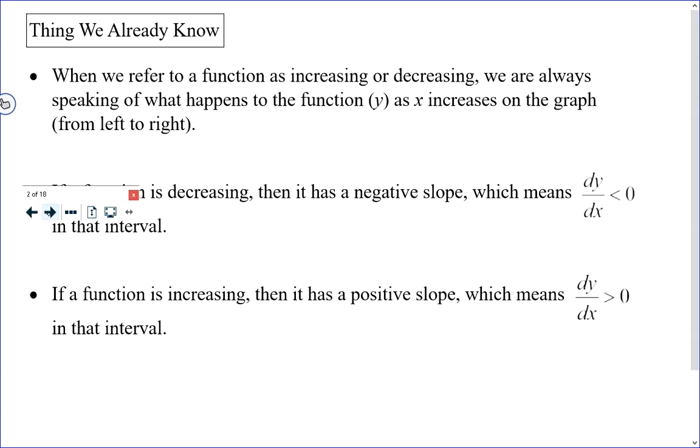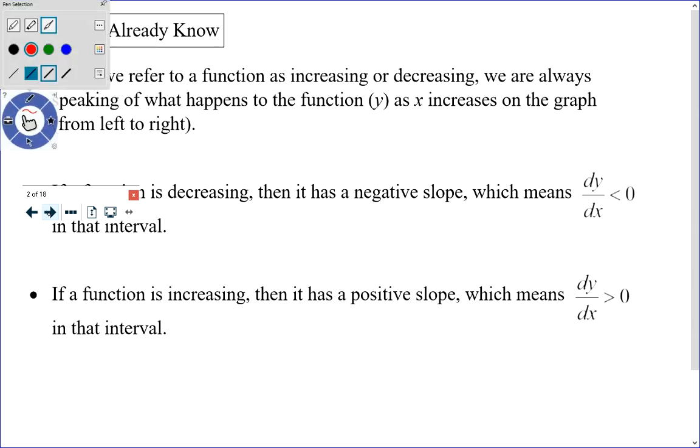I want to go through some things that we already know. We should know this. The first point is that when we're talking about a function increasing or decreasing, I actually want to make another point here that I don't have typed up. When I use that word function, I am talking about f of x, but f of x is y.